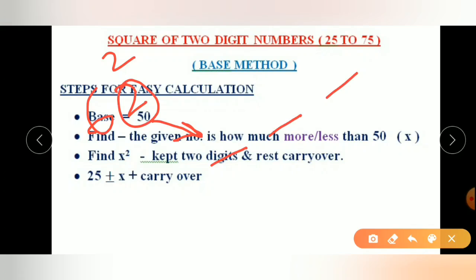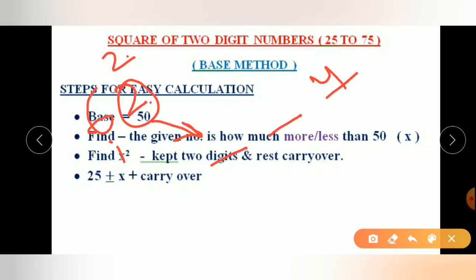One is for the unit digit square, second one is the multiplication of the numbers, then the third place is the square of the tens digit. Remember, in this method one digit should be kept and others are carried over.